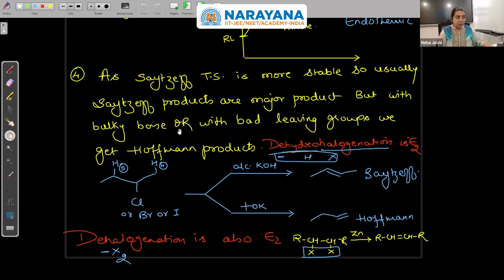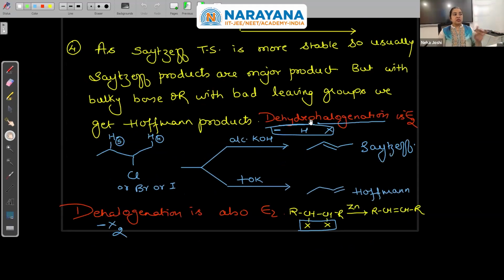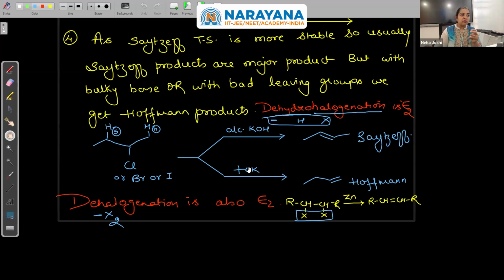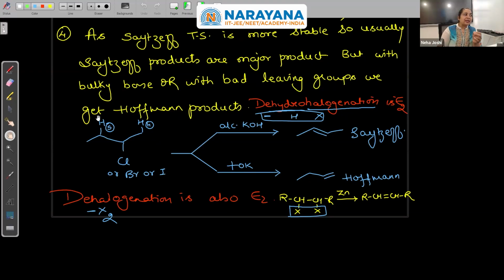But with a bulky base, or with bad leaving groups, we can get Hofmann products. This is specific. Either you have to have a bulky base, like tertiary butoxide. Okay, if I take this, then despite the fact that the H to be removed is forming a Zaitsev product, if I take this, yes, I would have had a better alkene.